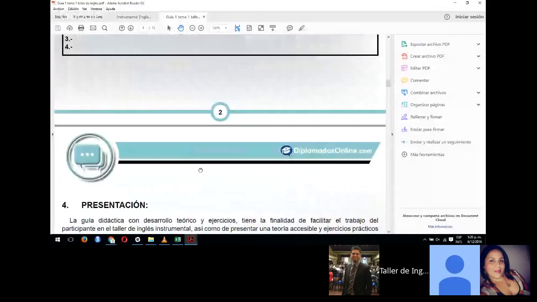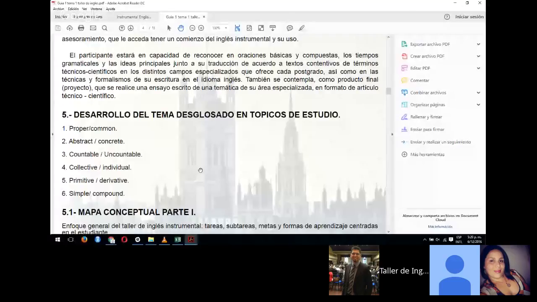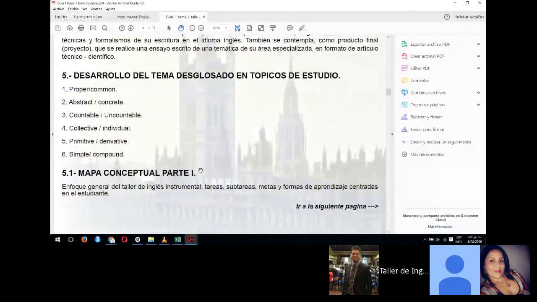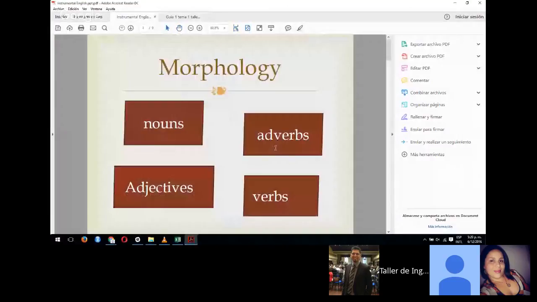Okay, the first theme that we are going to work on will be kinds of words, which are nouns, verbs, adverbs, and adjectives.